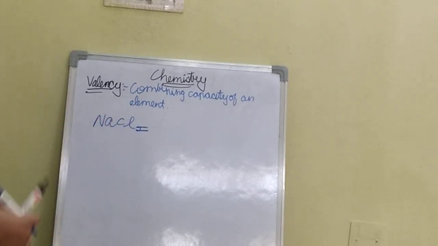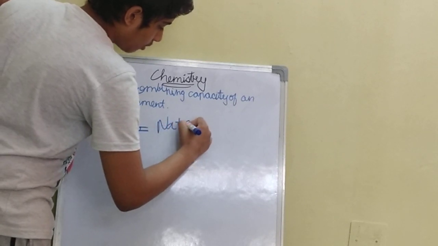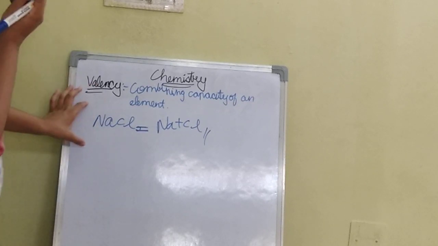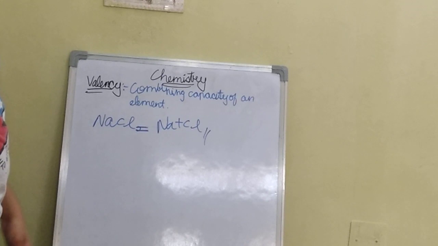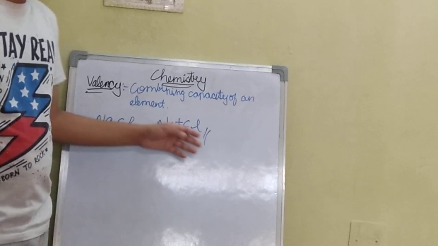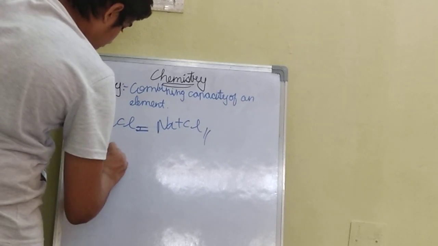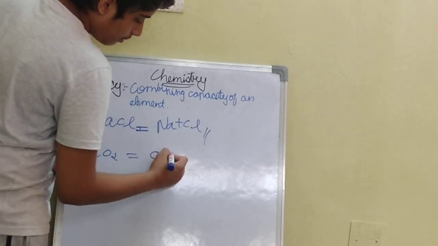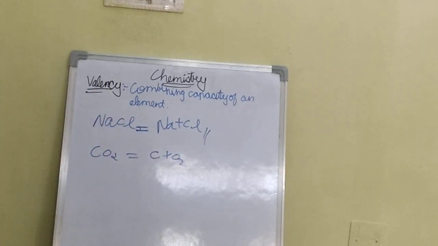NaCl is nothing but sodium plus chlorine. We call NaCl sodium chloride, nothing but Na plus Cl. One more example: CO2 is nothing but C plus O2, meaning carbon dioxide.